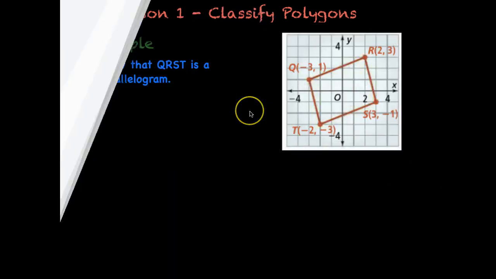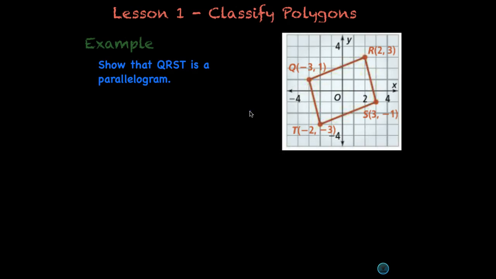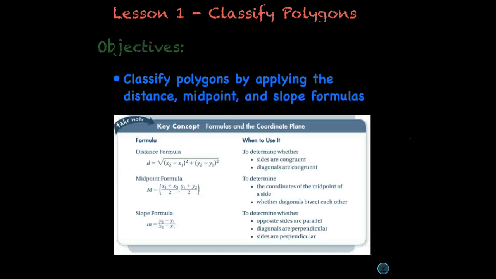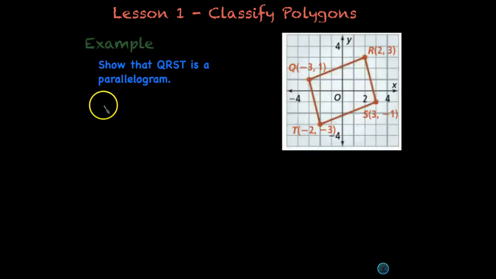Let's try a quick example. Here we have a quadrilateral QRST, and we want to show that it's a parallelogram. Well, how do we show that it's a parallelogram? Remember the definition, opposite sides have to be parallel. And how do we know if sides are parallel? Down here we have our slope formula. This determines whether opposite sides are parallel. So we need to find the slope of each of our lines.